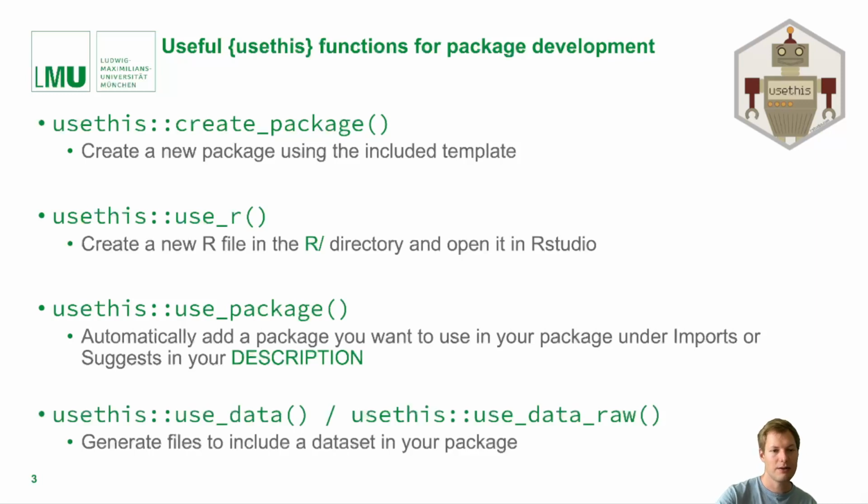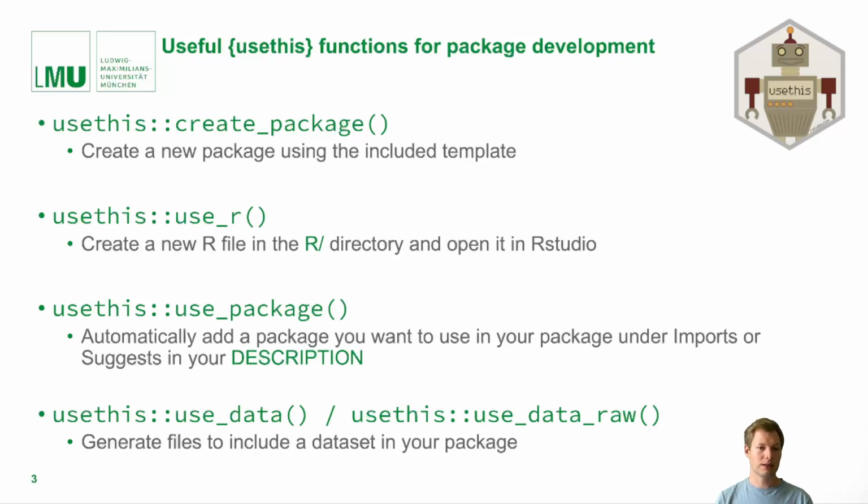And then lastly, there's use_data and use_data_raw, which generate all the necessary files to include a data set in your package. We've already used, for example, the London Marathon data set, which was just part of an R package. R packages actually allow you to bring your own data, and that works by having data in a certain format in a certain place in your package.